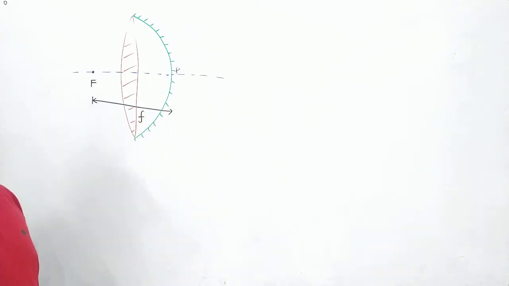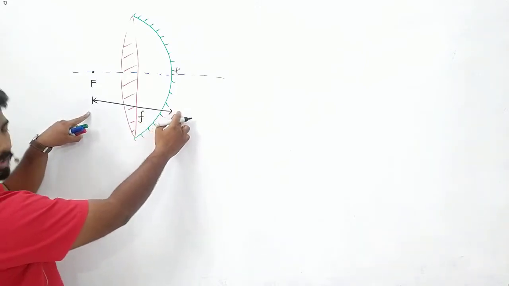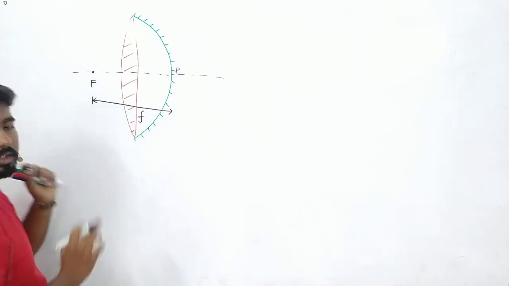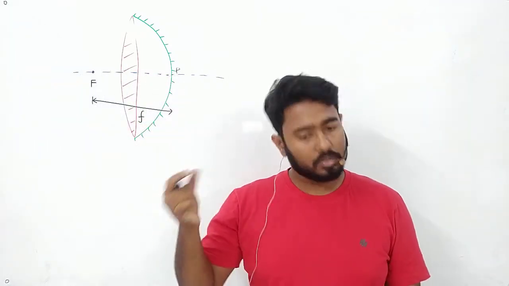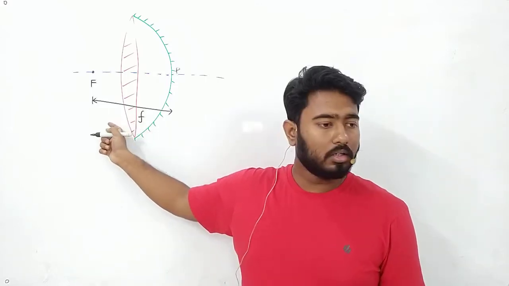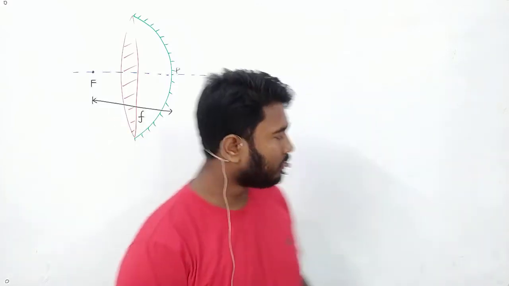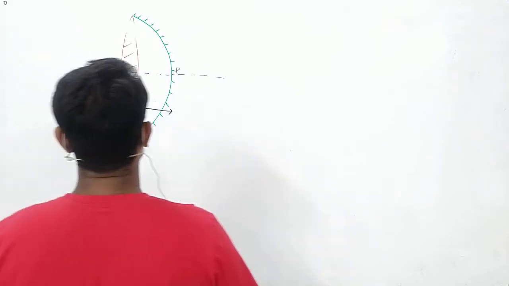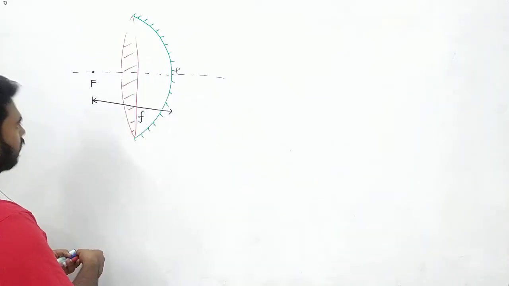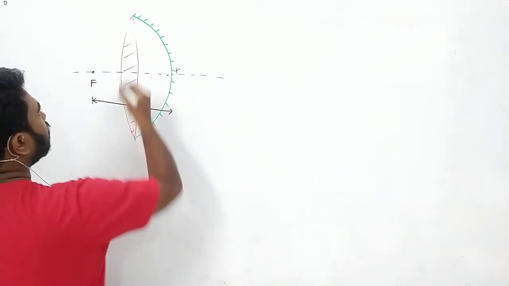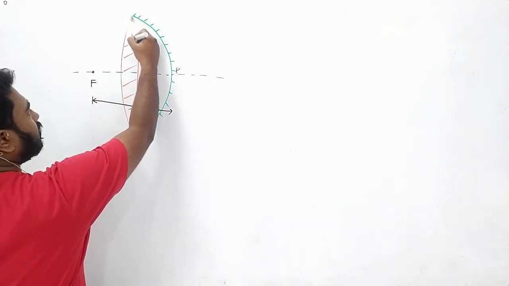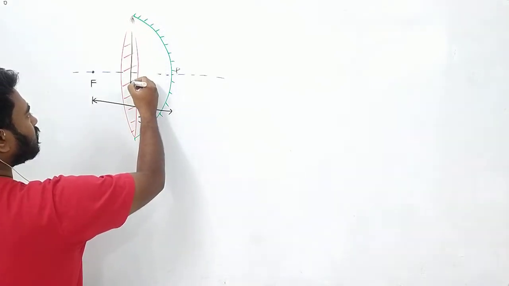Is that clear? This is focal length. Focal length is written in small f, like mass is written in small m, acceleration is written in small a. Is that clear? Okay. Now, can you tell me what is the diameter? What is the diameter of this area? Is it this much?